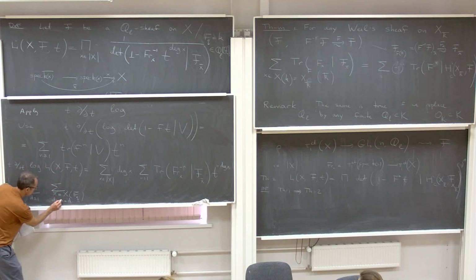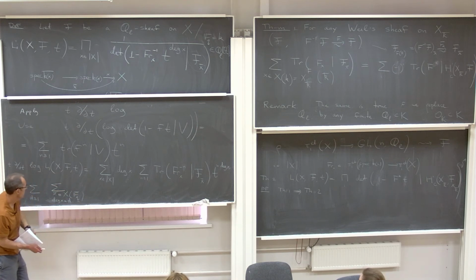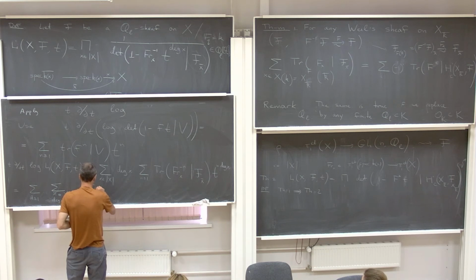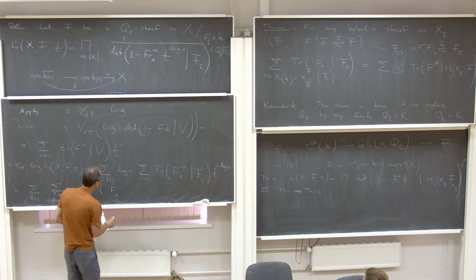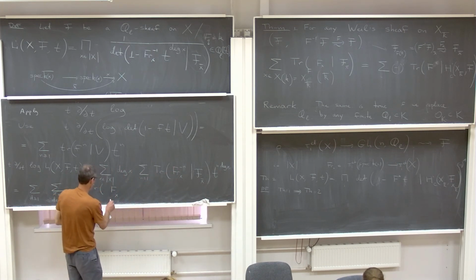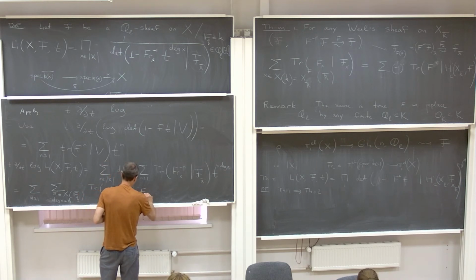So x-bar is a point here, and x is the corresponding Galois orbit, a closed point. Now what we'll have here is the trace of, now I take the geometric Frobenius, and I will use the fact that the geometric Frobenius in the fiber is inverse to the arithmetic one. And here I will have the trace of Frobenius_x-bar to the d acting on the fiber at x-bar.